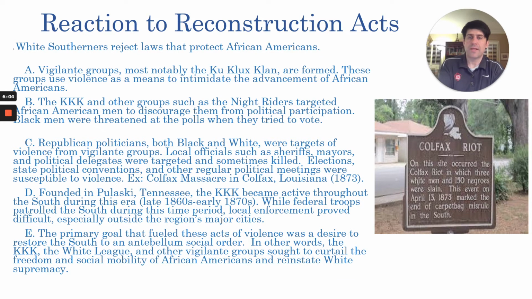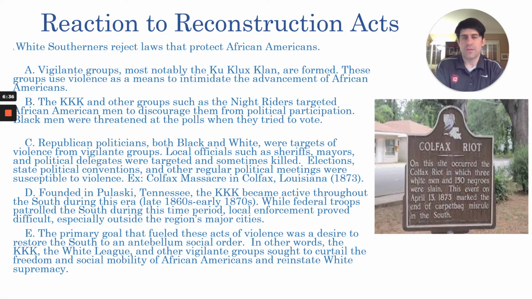Vigilante groups began to form. Most prominent and notable was the Ku Klux Klan, the original KKK, founded in Pulaski, Tennessee in the late 1860s and was active throughout the South across the 1870s. And groups like the KKK and the Night Riders and the White League targeted African American men to discourage them from political participation.